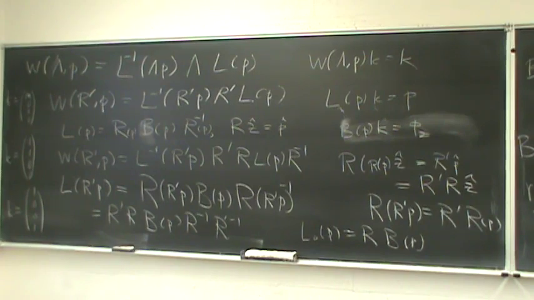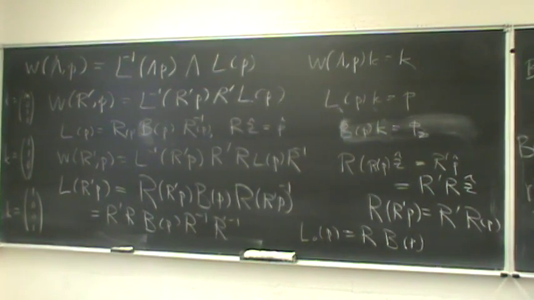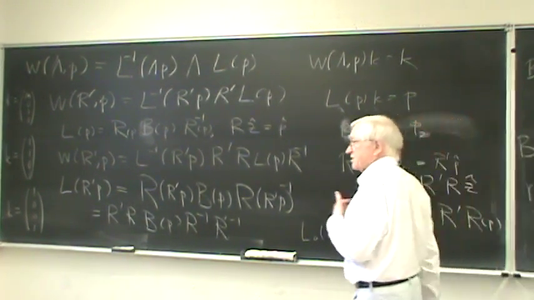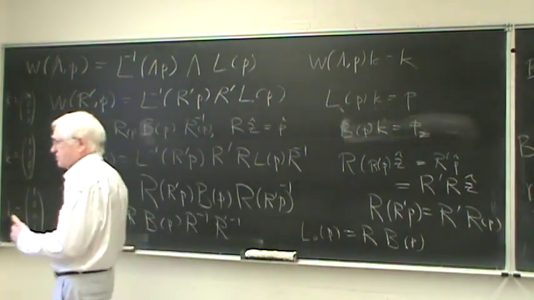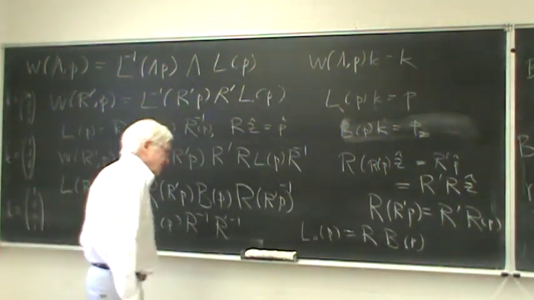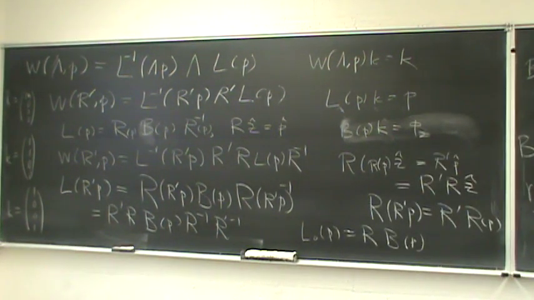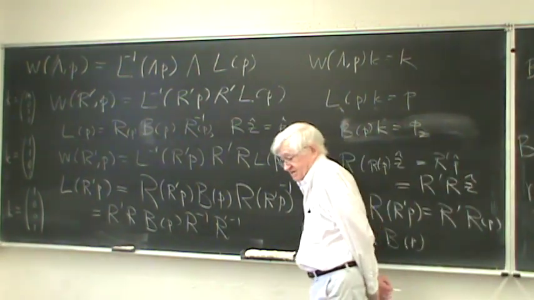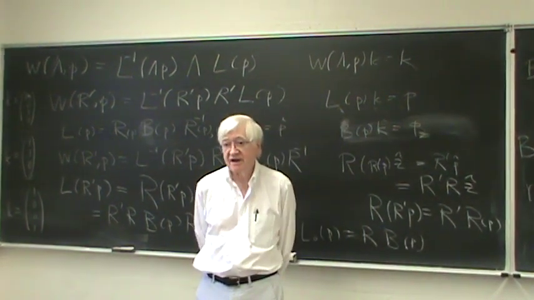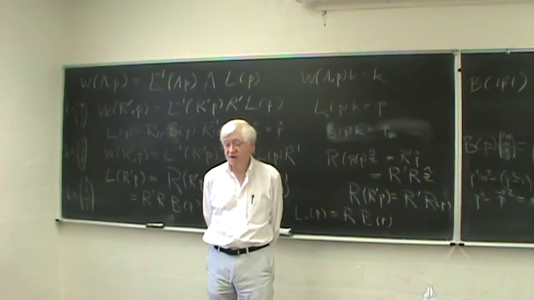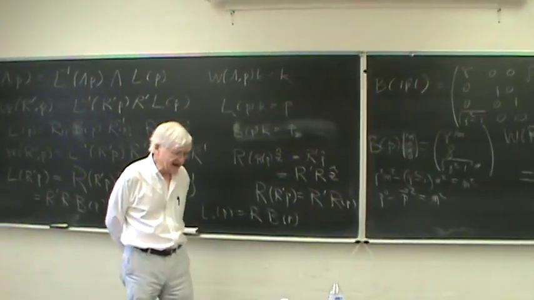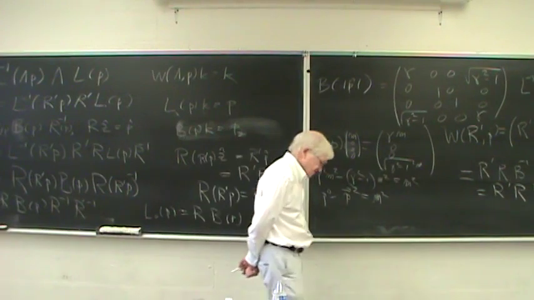Then there were two other possible things, but they were combinations of rotations about the two direction and a boost in the three direction, or a rotation about the three direction and a boost in the two direction. In any case, those things aren't rotations. They've got Lorentz boosts in them.